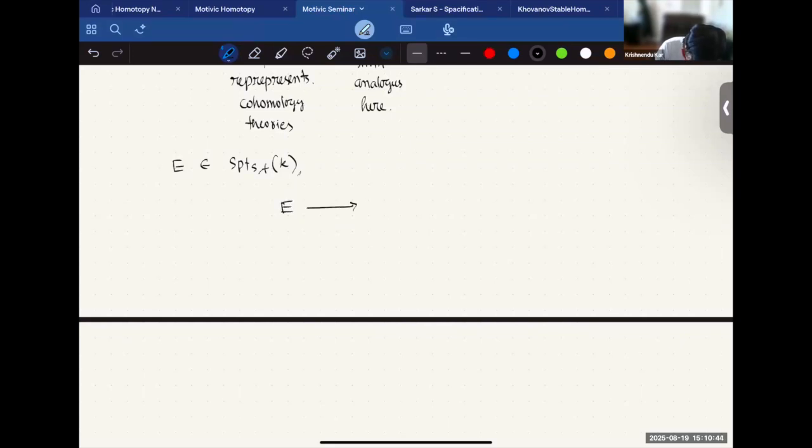Start with this map f: E to E prime, and I can fit this in a triangle. For that, I have to take its homotopy pushout. You will get something called the cone object, denoted by Cf, exactly as we do for topological spaces. Then collapse this E prime to a point, and you will get the suspension with respect to your simplicial circle. And this is my shift.